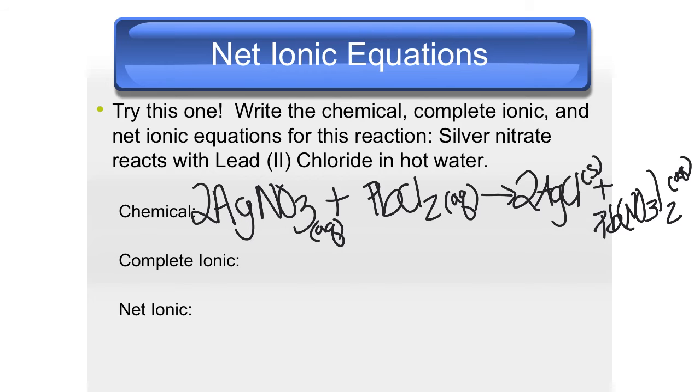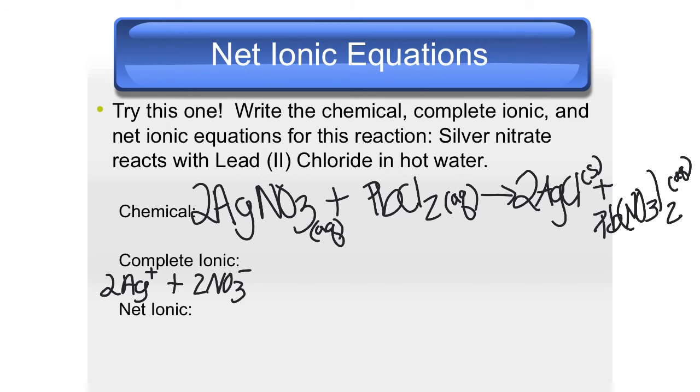Now to do a complete ionic, anything that's AQ, I'm going to split up and write as an ion with a charge. So for silver nitrate, there are 2 silvers and 2 nitrates because of that 2 in front. So it's going to be 2 silvers, and silver is a +1, and 2 nitrates, and notice I'm writing it with the charge.